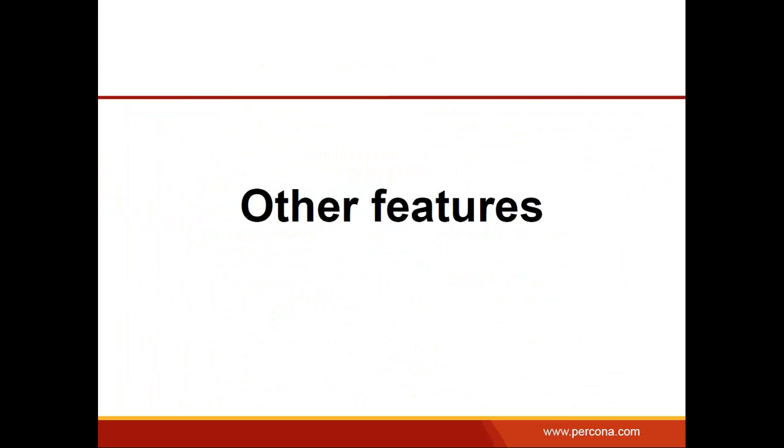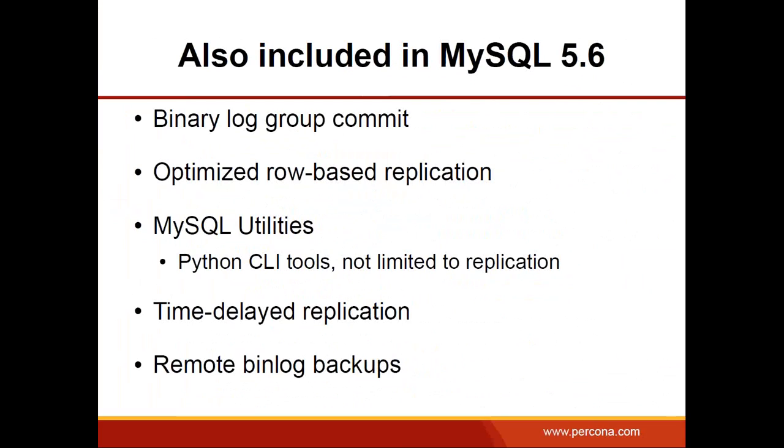Okay, of course there are many other features regarding replication in MySQL 5.6, and I won't have the time to tell you all the details about them, but let's have a quick look. One of the very interesting features is the binary log group commit, which has been broken for nearly 10 years, since MySQL 5.0.